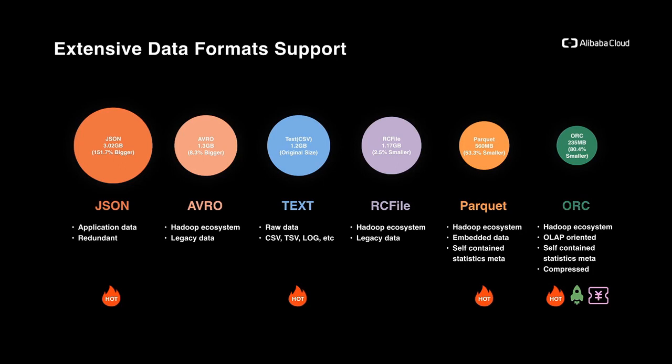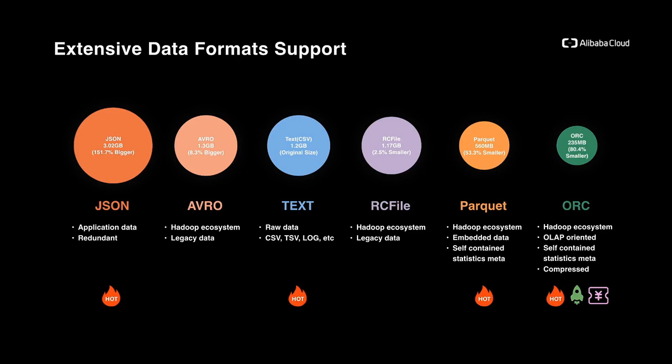As OSS is a main product in a data lake storage scenario, now DLA can directly query extensive data formats on OSS. JSON, text, Parquet, and ORC are hotly used. JSON and text are usually the raw data or application data generated by the application directly; CSV, TSV, or log files are all text formats.